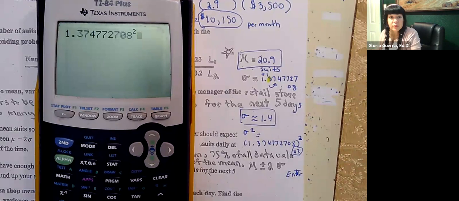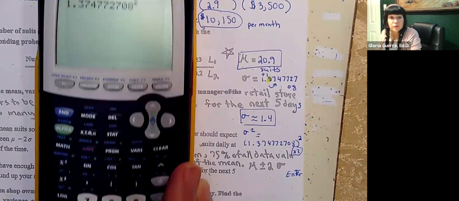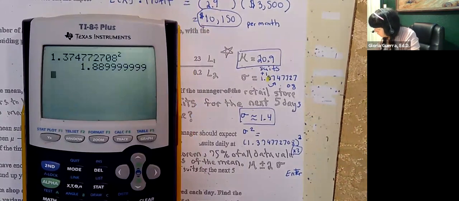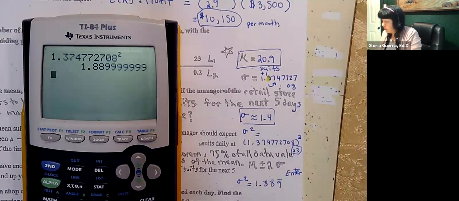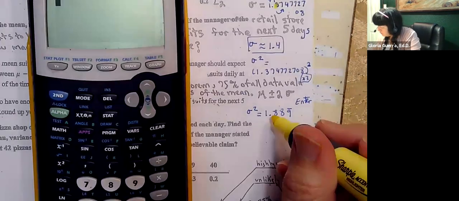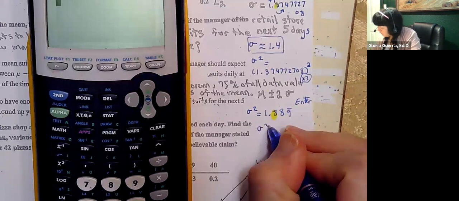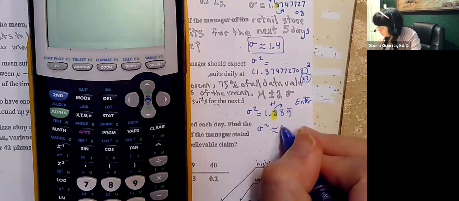So we get that sigma squared is equal to 1.889 repeating. When we round that to the nearest tenths, is the neighbor 5 or more? Yep, add 1. So it's about 1.9.